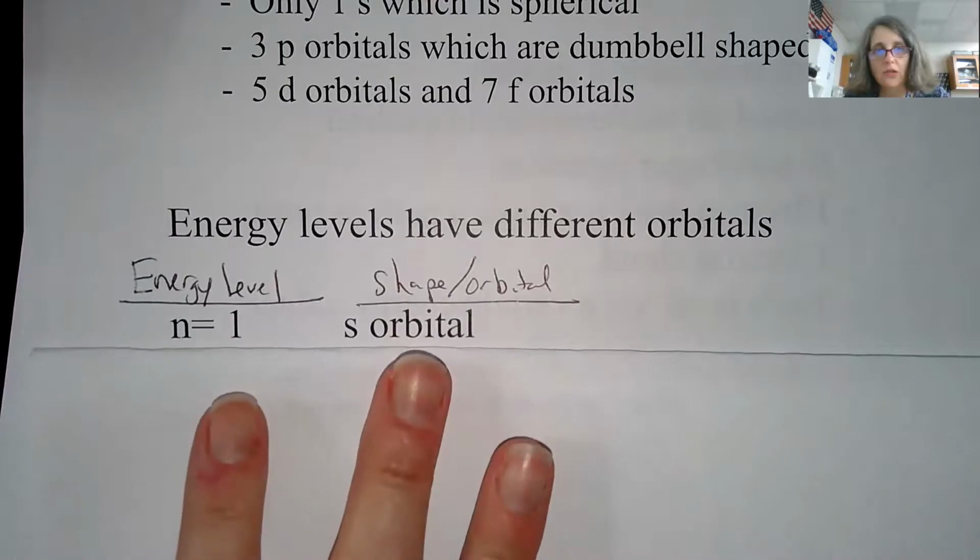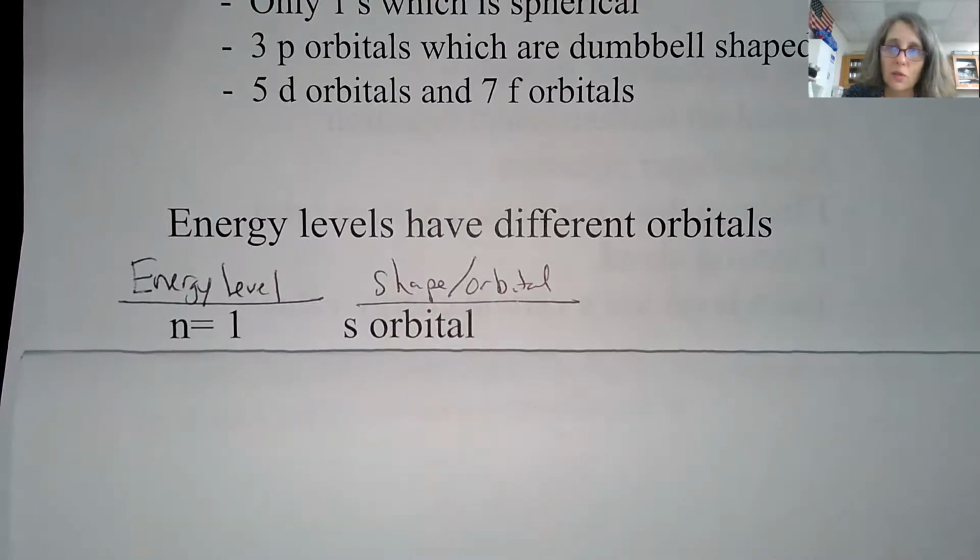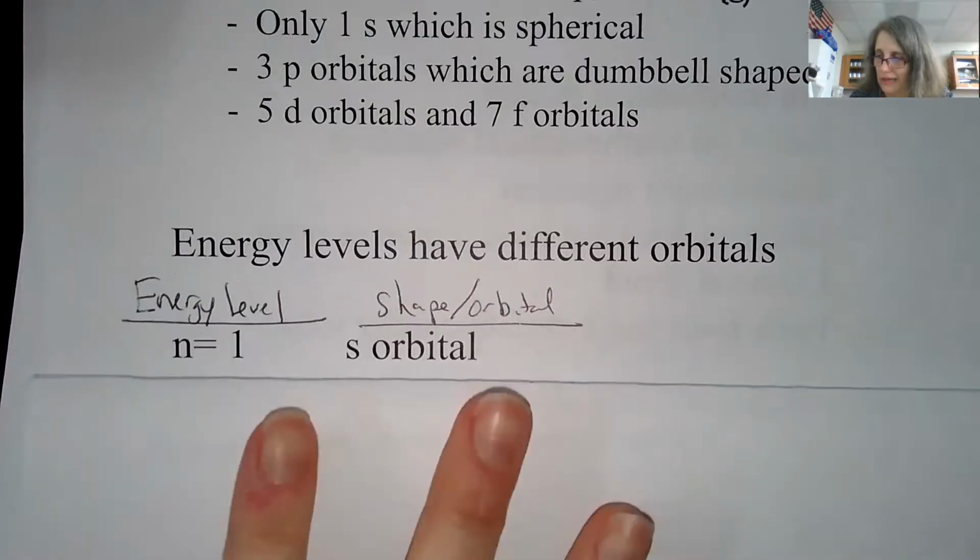So the first energy state is only going to have an s orbital. And the first energy level is the closest to the nucleus. So energy level 1 is where we start with the electrons and then we move out. Again, the Bohr model is not correct, but it is a good visual for you to understand exactly. We have more and more circles, so that is more and more energy levels outside the nucleus.